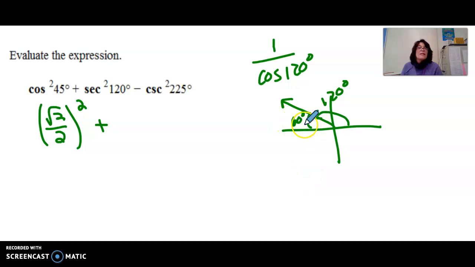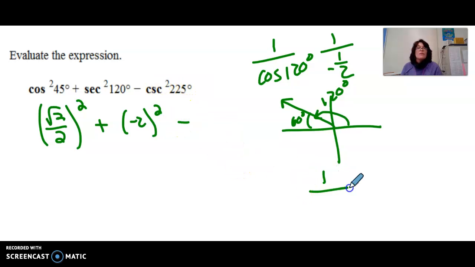So I'm going to use 60 degrees as my reference angle. Oh, but I do have to be careful too. I'm in the second quadrant, so since I'm squaring it, I don't have to worry a lot, but this would be 1 over 1/2, right? Isn't that 2? 1 over -1/2, so it's -2. I'm going to square that.